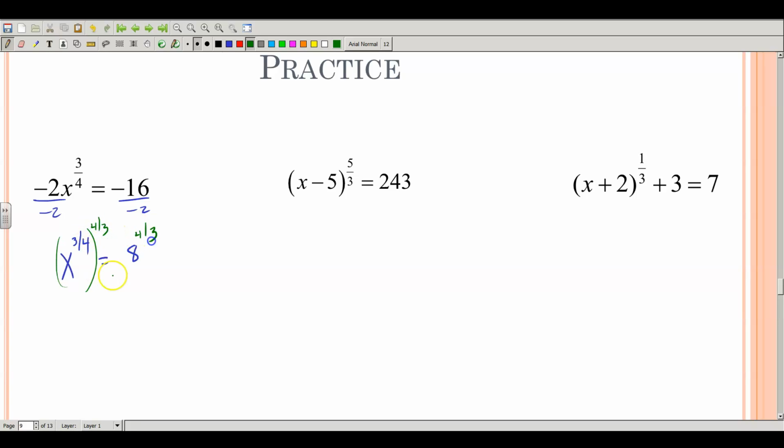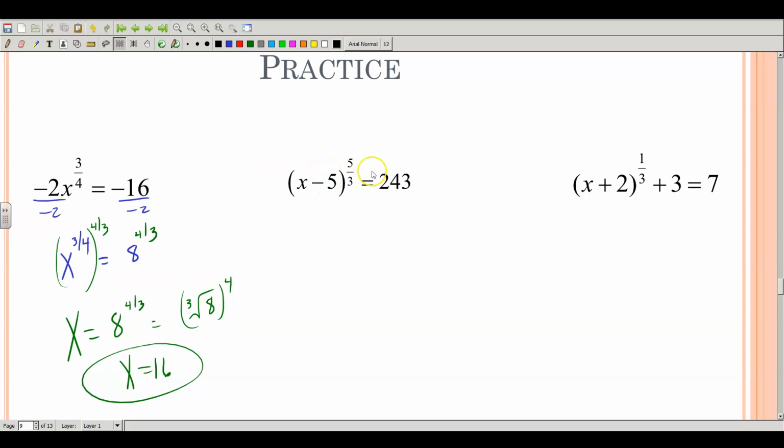That would give you x = 8^(4/3), which is the same thing as the cube root of 8 all to the 4th. And as we said before, you can punch 8^(4/3) in your calculator, but you should also be able to rewrite this because we have those skills. The cube root of 8 is 2, and 2 to the 4th is 16. So this one is 16.